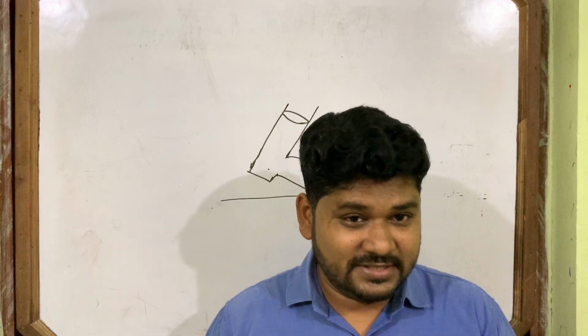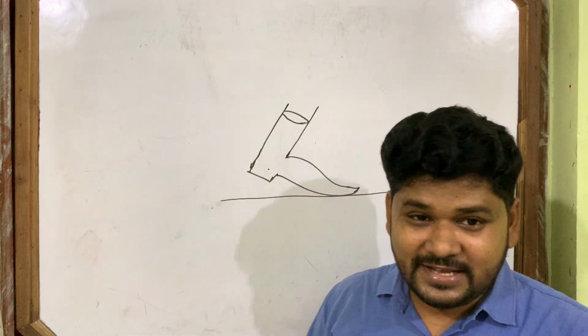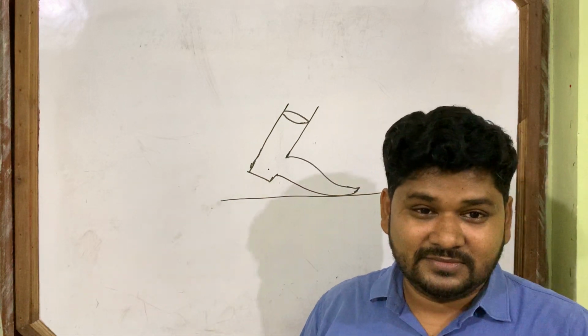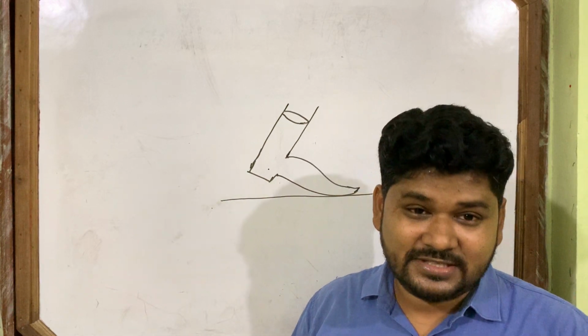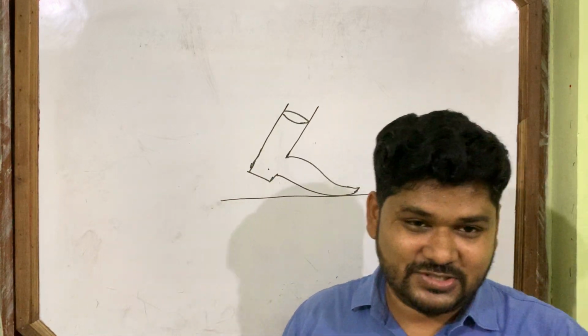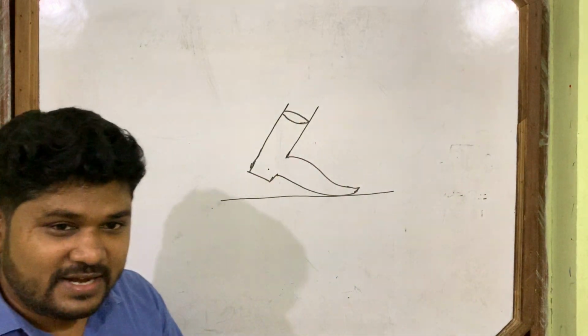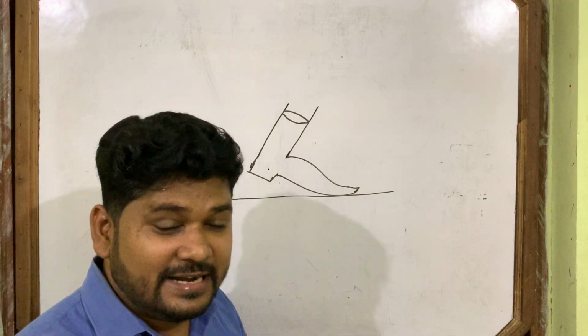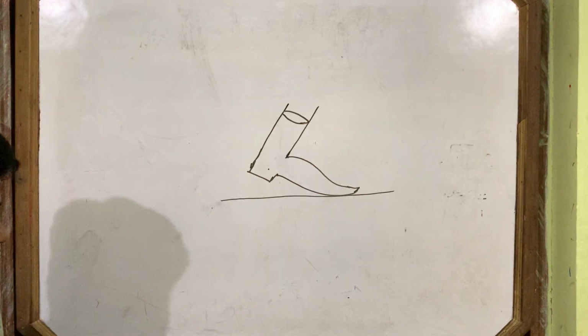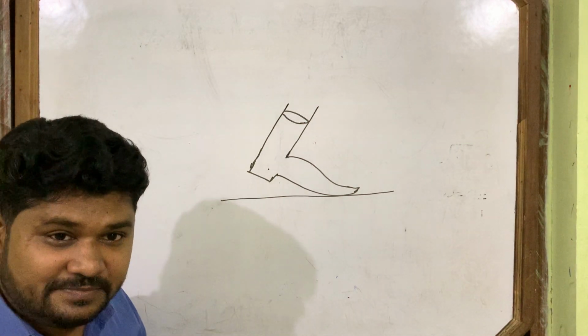You may be thinking, sir, the toe part touches first. Or is it the heel part? First the heel part is touching the ground. When you walk, first the heel touches the ground.